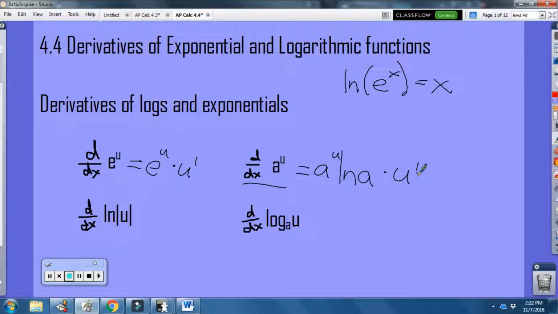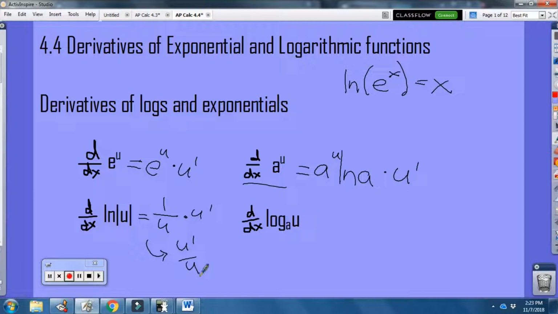Natural log of x is also a special logarithm, so it has an easier to remember formula. If I had the natural log of x, the derivative would be 1 over x. But in this case, 1 over u times u prime, which we're often going to just rewrite as u prime over u, just because that's how I would simplify that fraction.